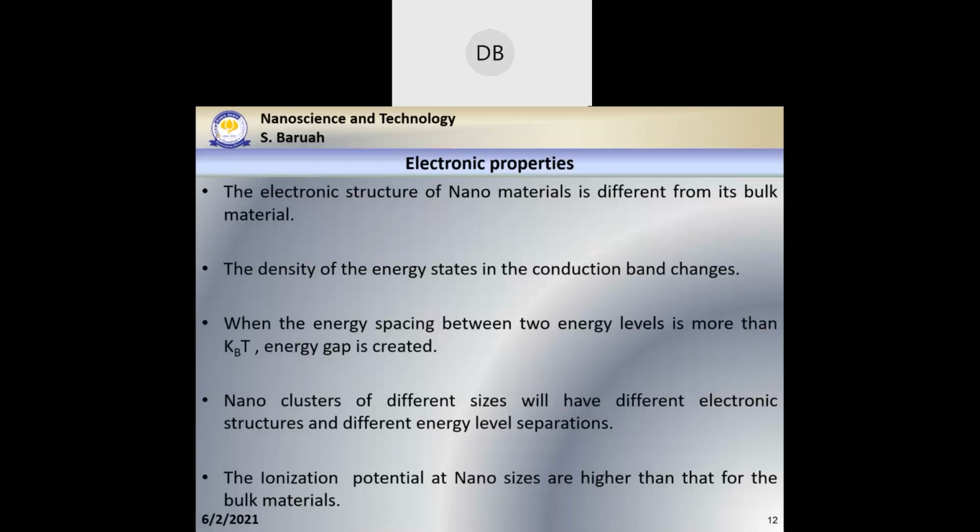Now, what do we mean by this density of states? Again, if you remember, I was talking about this yesterday when I said that in a bulk material, the allowed energy levels in the conduction or the valence band are continuous. That means any energy level, the electrons can transitorily shift there, can go there and stay for some time.